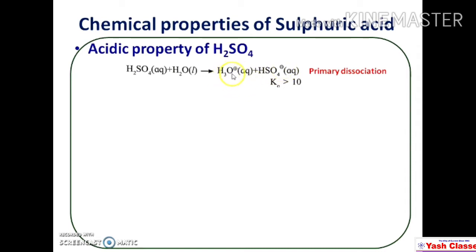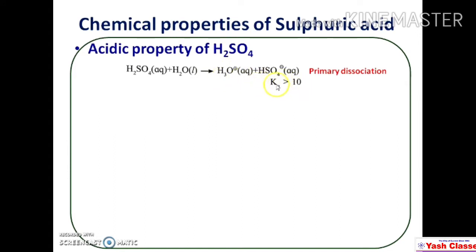Actually, how does H3O plus form? H2SO4 first of all dissociates and forms H plus and HSO4 minus. This H plus combines with H2O and there is a formation of H3O plus. This is the hydronium ion which is responsible for acidity.